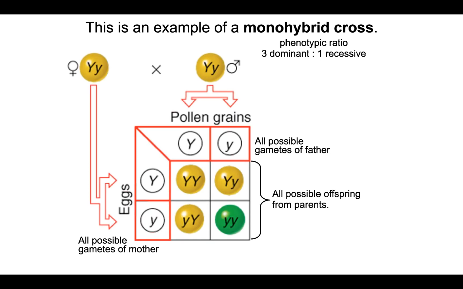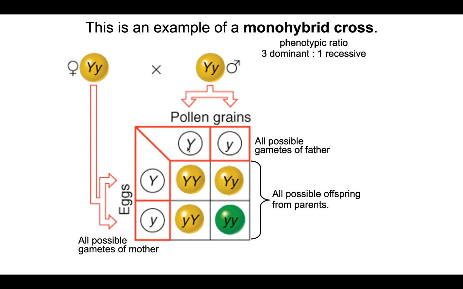Let's organize them now onto a Punnett square. We make a box, and on the left side we put the different genotypes of eggs that mom can make: a big Y egg and a little y egg. And then up at the top, we put the different genotypes of sperm that dad can make. Dad can make a big Y sperm or pollen and a little y sperm or pollen.